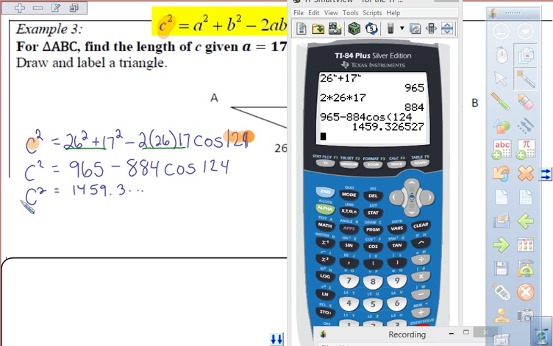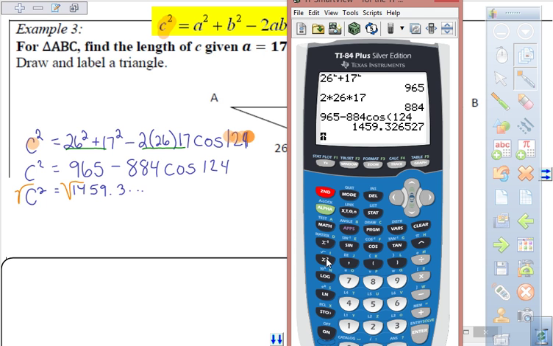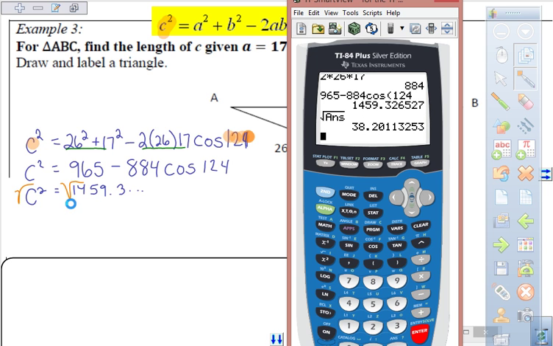To get rid of the squared, I need to take the square root of both sides. Notice how I left that number on my calculator, and now I'm going to take the square root of that answer. On the calculator, make sure you use the square root of the ANS, so it'll take the square root of the answer on the line above, and I'm getting 38.2.